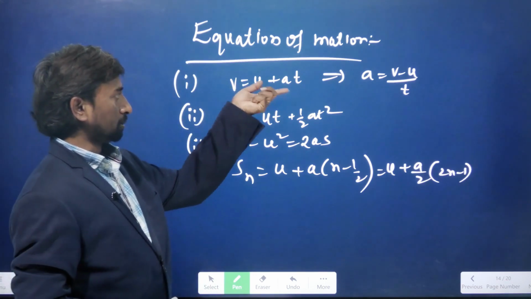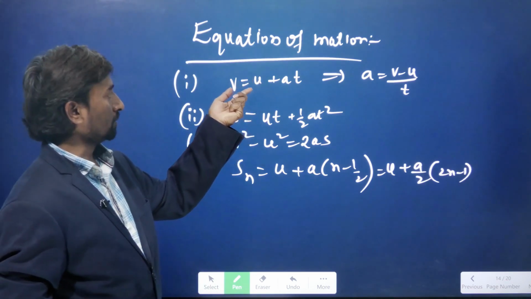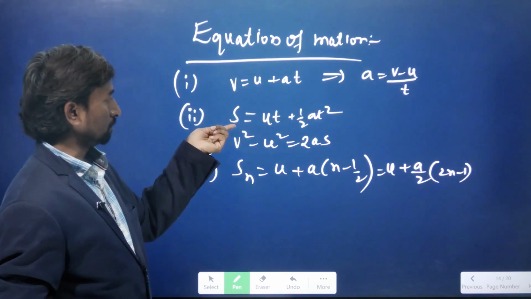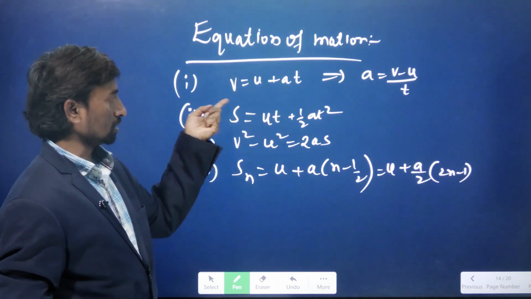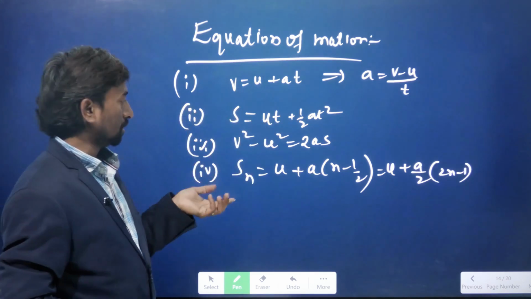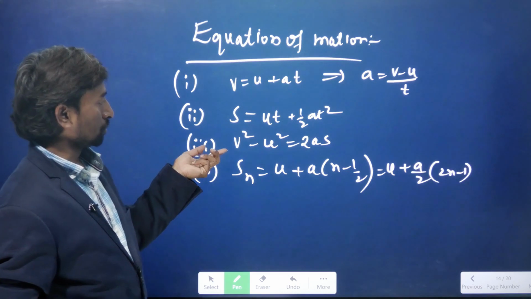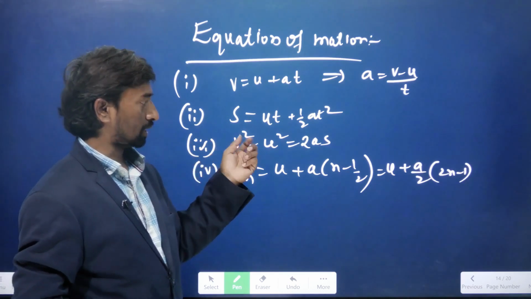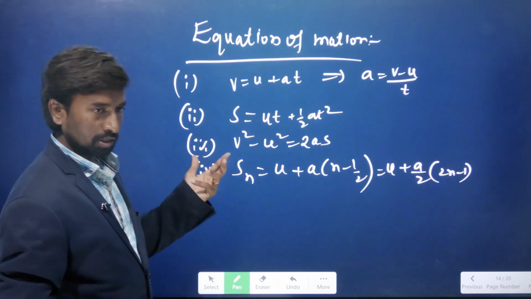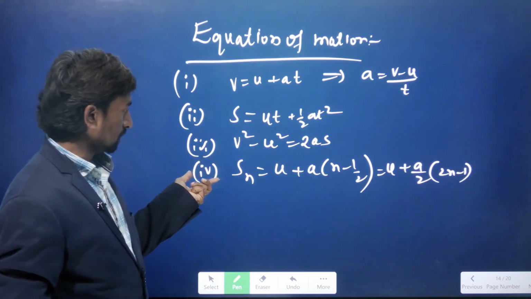The first equation of motion gives the relation between the initial velocity, final velocity and acceleration at the time. The second equation gives the relation between the distance or displacement, velocity, time and acceleration. The third equation gives the relation between the initial velocity, final velocity, acceleration and the distance or displacement.